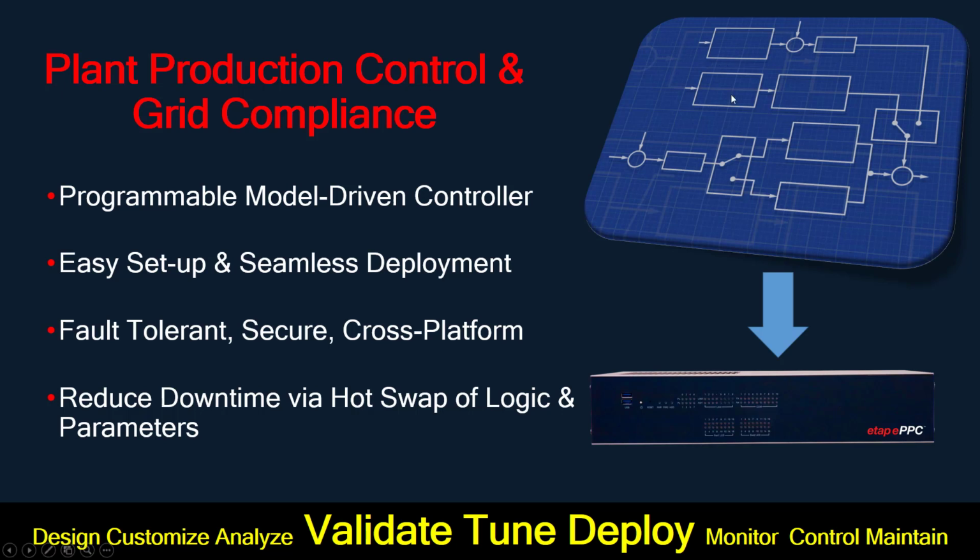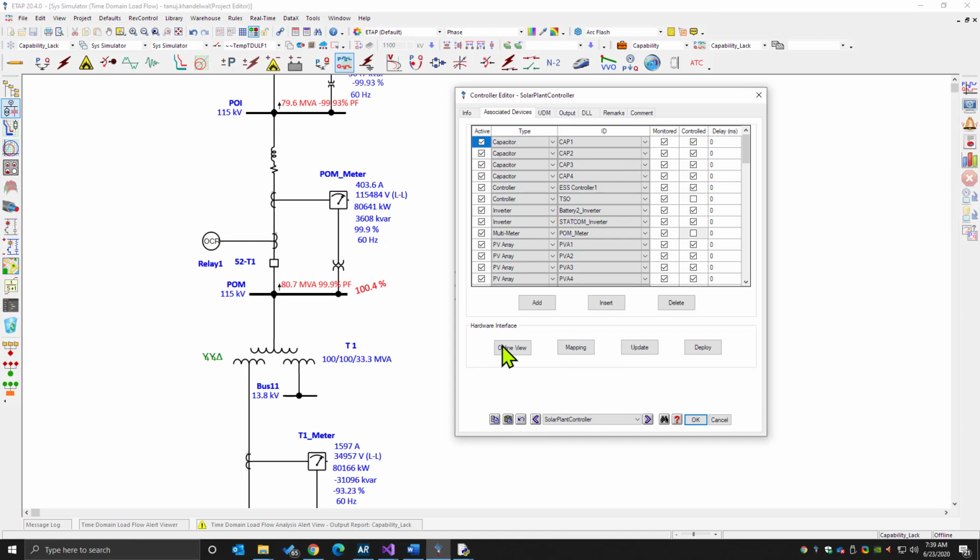By essentially a press of a button, you can simply deploy this logic into the controller using the deploy button inside the program. The hardware interface can be visualized, mapped, deployed, and of course updated.